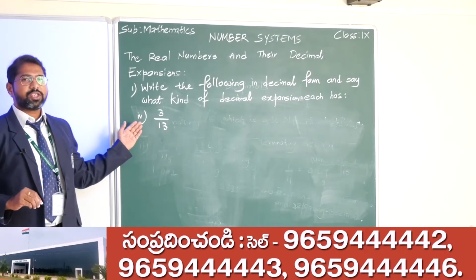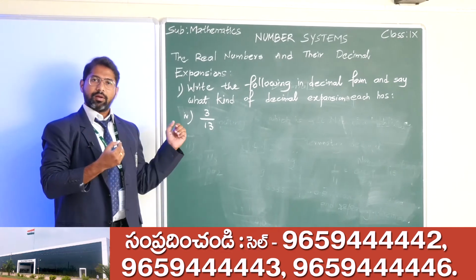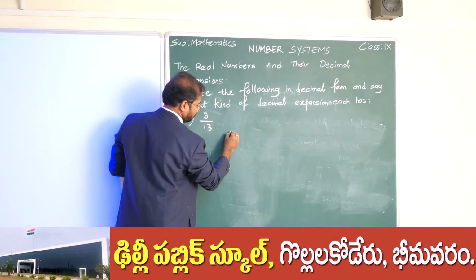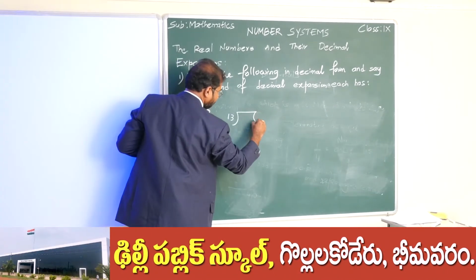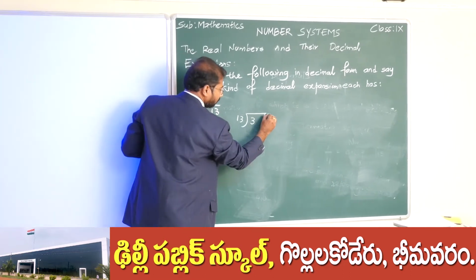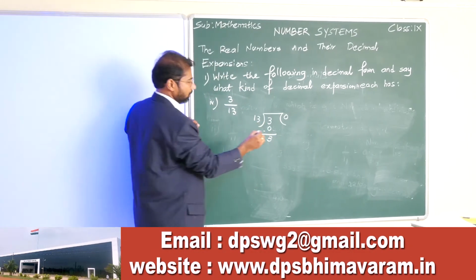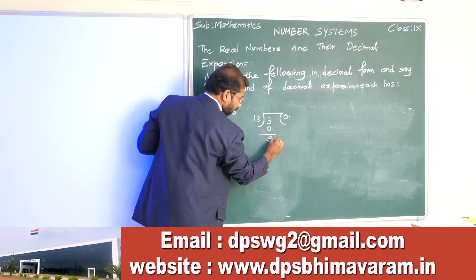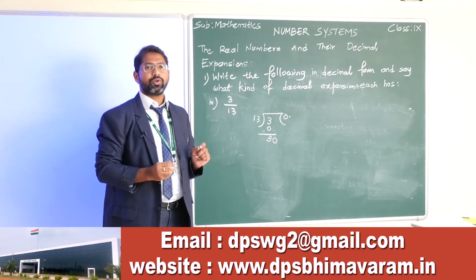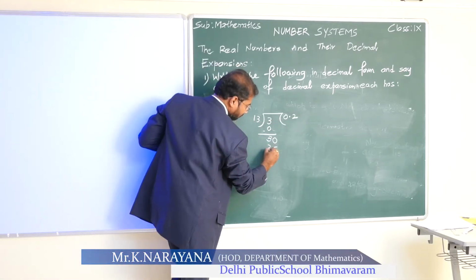Here the rational number is 3 by 13. I will do normal division. Three. Yes, it becomes 30. 30 will not go exactly in 13 table, so I will take 13 twos are 26.